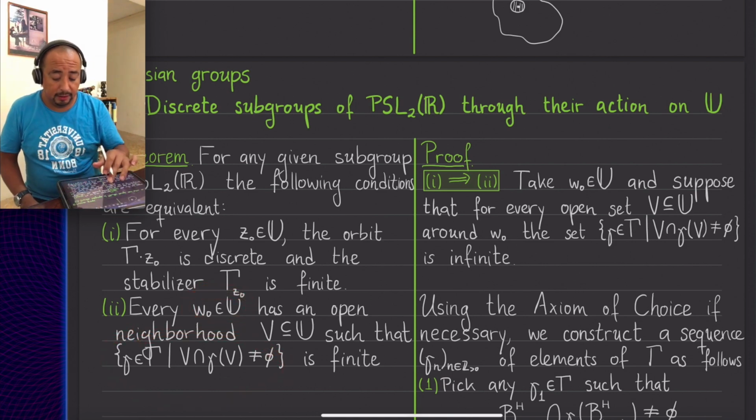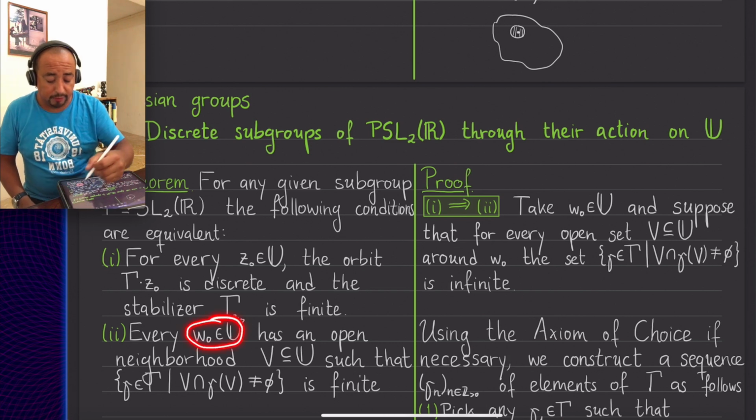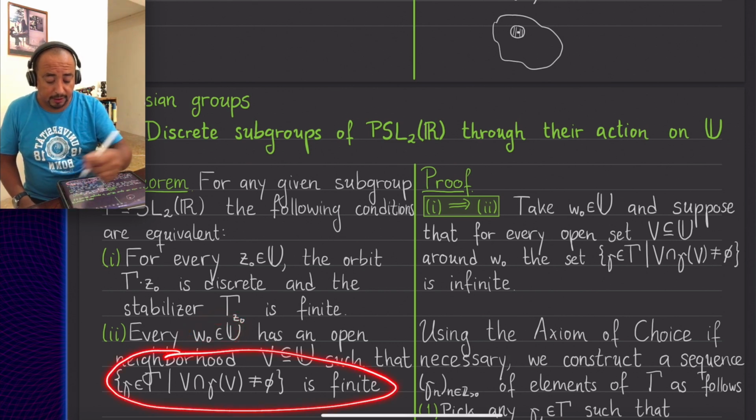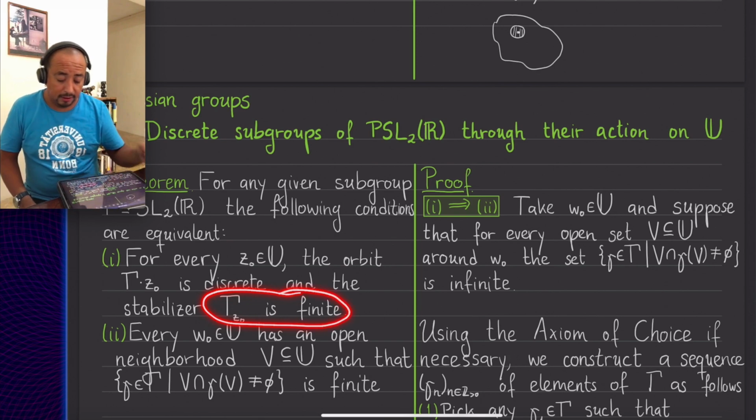And conversely, if W0 doesn't have a neighborhood satisfying this, then it is for W0 that one cannot have simultaneously the discreteness and finiteness here.